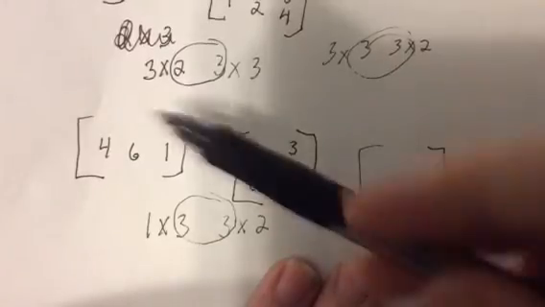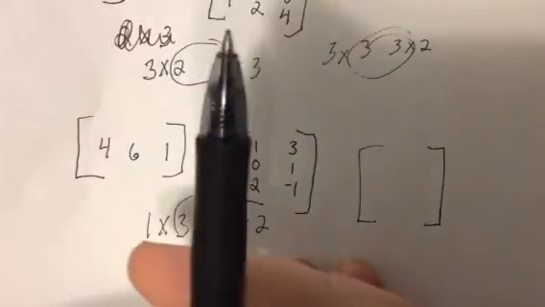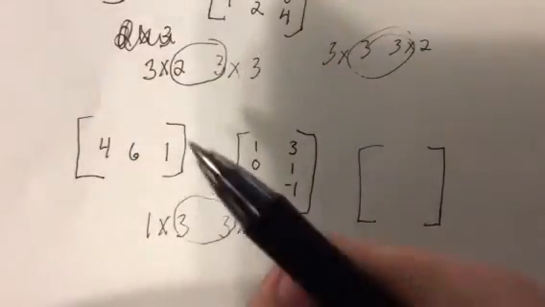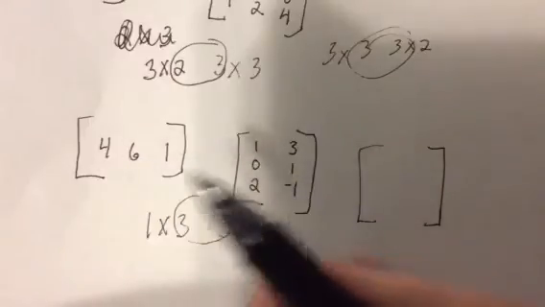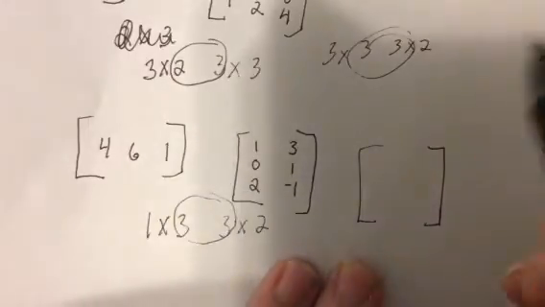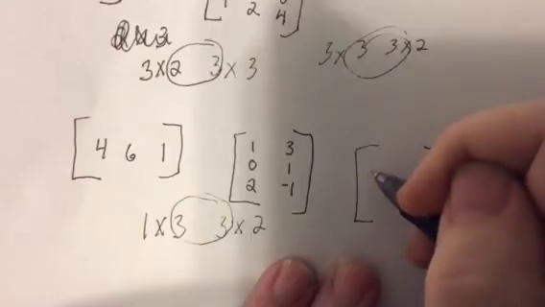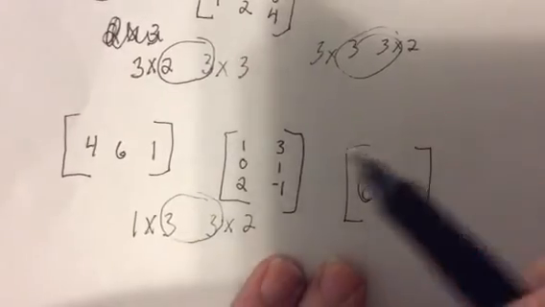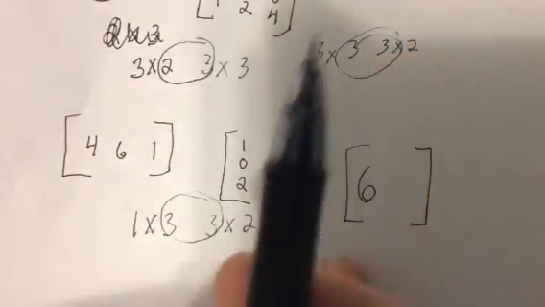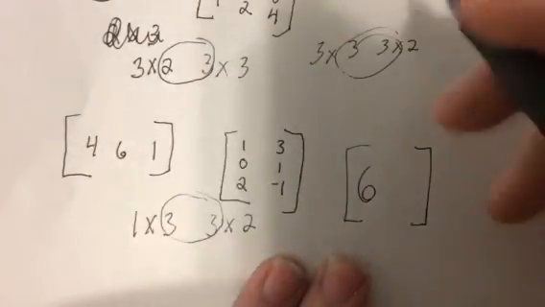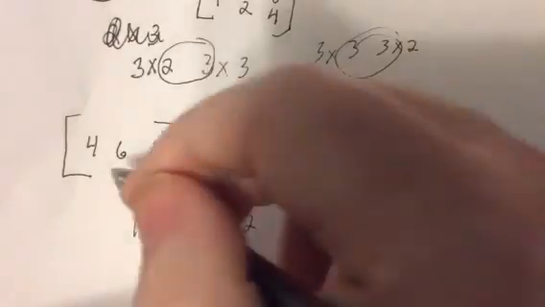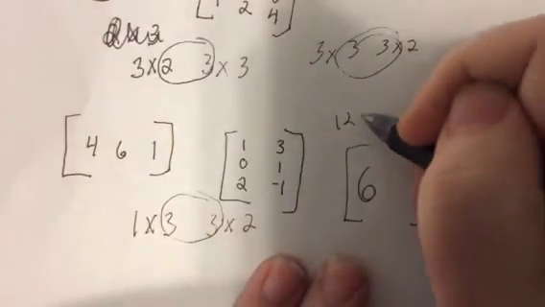Well, good. Here, row 1, column 1. So it'd be 4 times 1 is 4, plus 6 times 0 is 0, plus 1 times 2 is 2. 4 plus 2, I do believe, is 6. Then row 1, column 2, 4 times 3 is 12. 6 times 1 is 6.